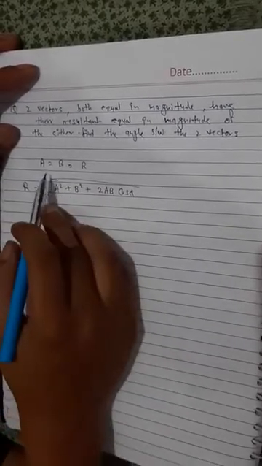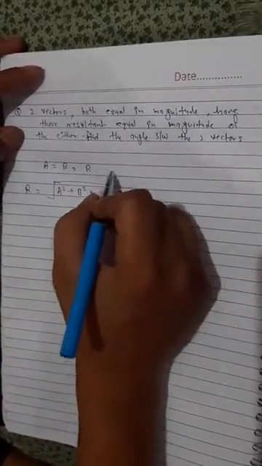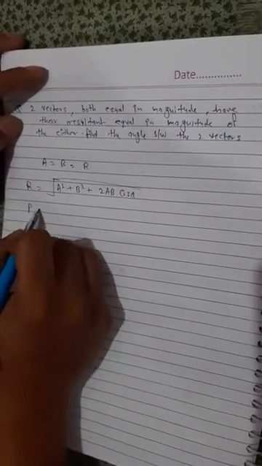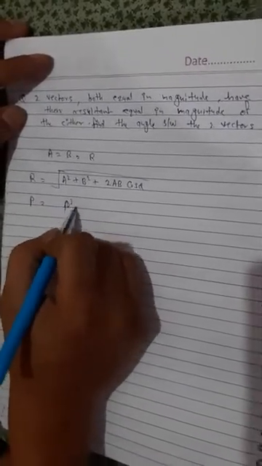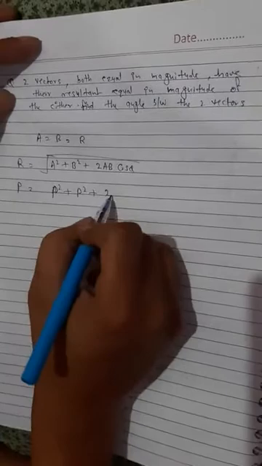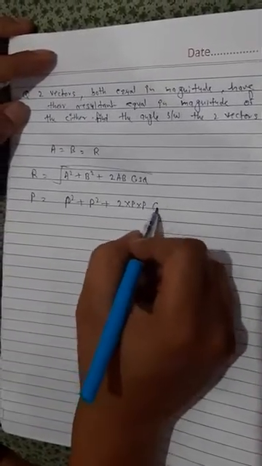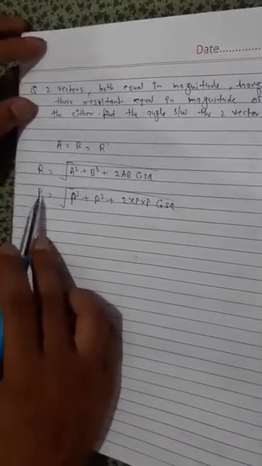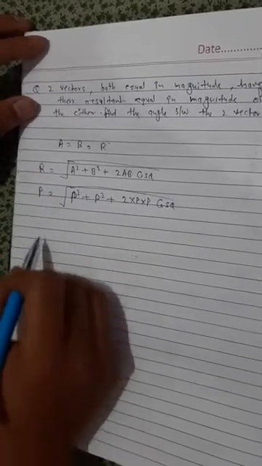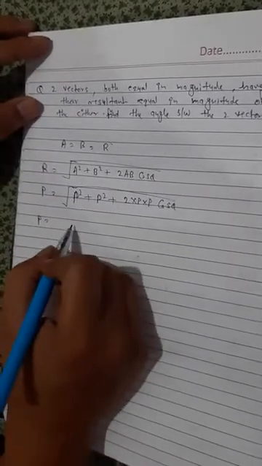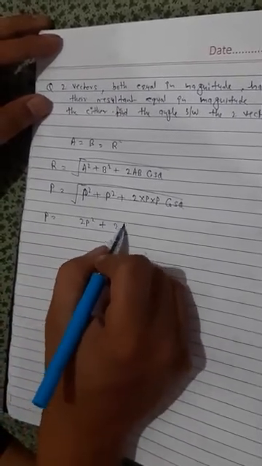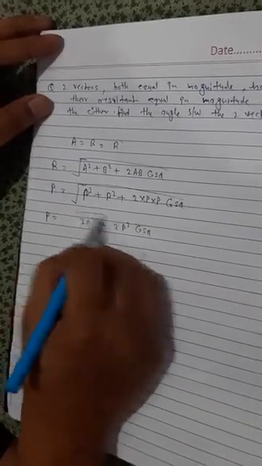Now let these three terms be equal, and we take them as p. So the whole term I am taking is p, so p equals the square root of p square plus p square, that is 2p square, plus 2p square cos theta.